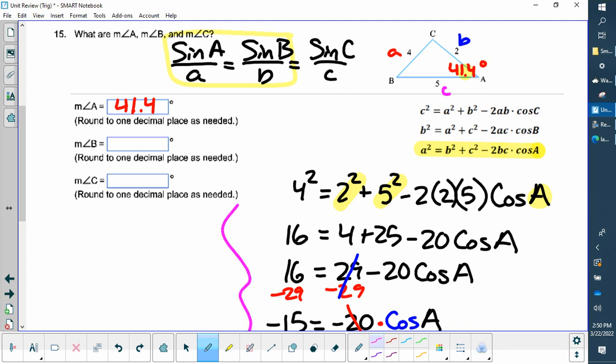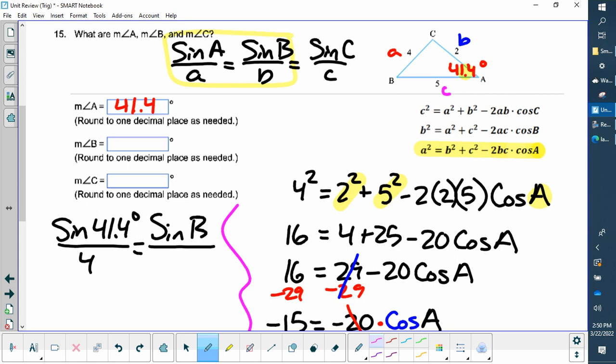I get the sine of big A, which is 41.4 degrees, over little a, which is 4, equals the sine of big B, which I don't know, over little b, which is 2.